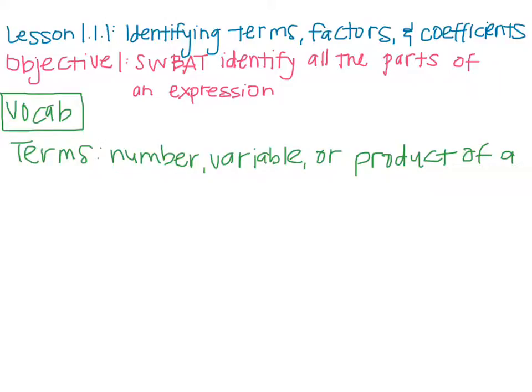And we know that product means multiplication. So it's a single number, a single variable, or a number and a variable together.